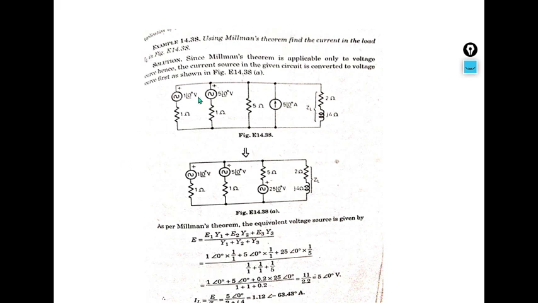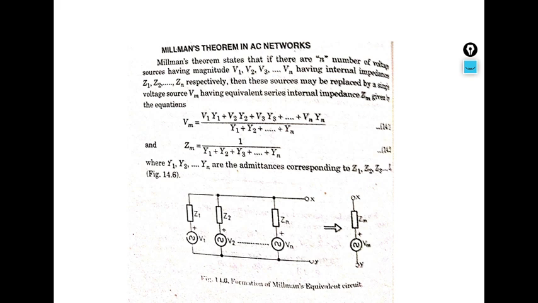That means you will get E1 G1, E2 G2, and E3 G3 by G1 plus G2 plus G3 to find the equivalent. And next the R equivalent, which is 1 by G1 plus G2 plus G3. So you get G1, G2, G3, and then you can find the Zm and the Vm.